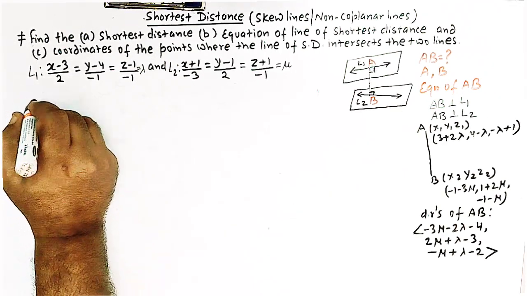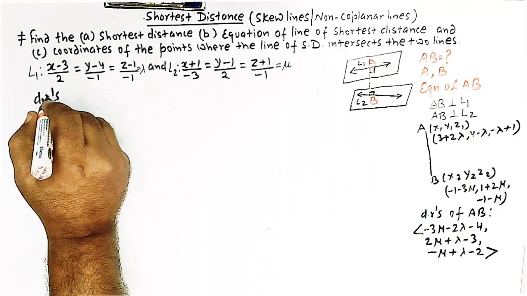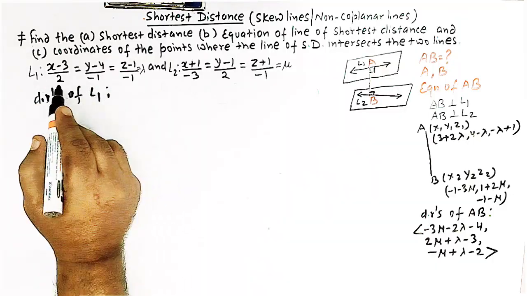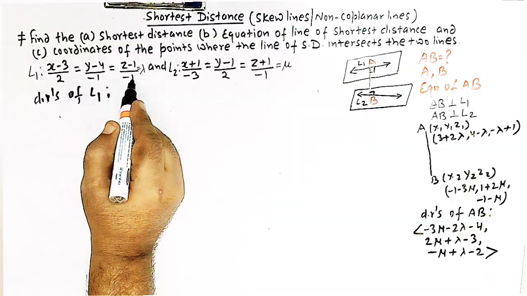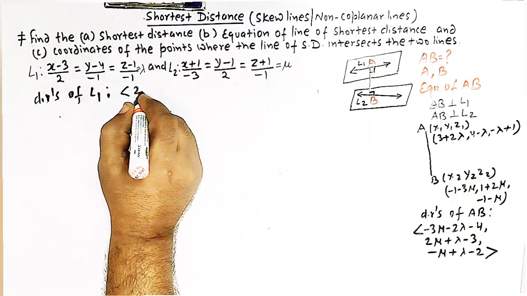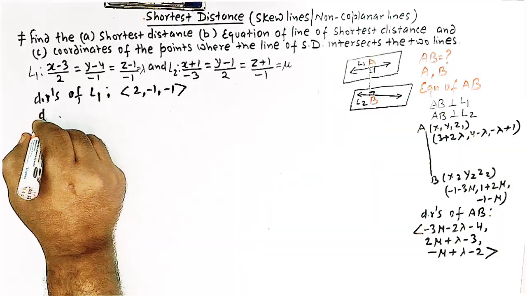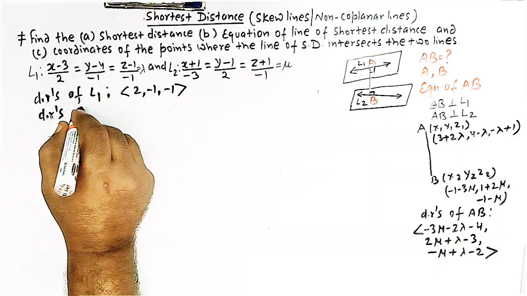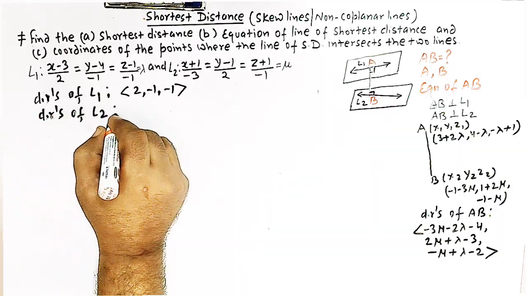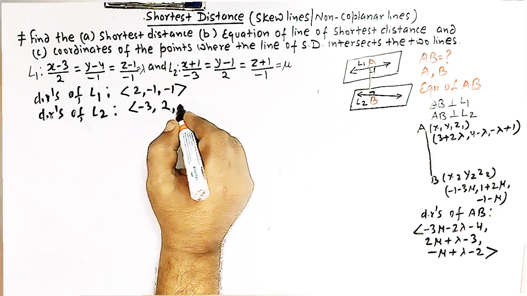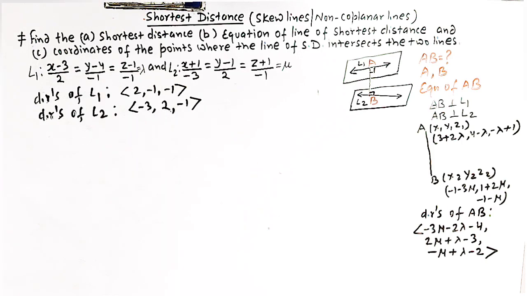Now the direction ratios of line L1 are given by 2, minus 1, and minus 1, and the direction ratios of line L2 are given by minus 3, 2, and minus 1, right?